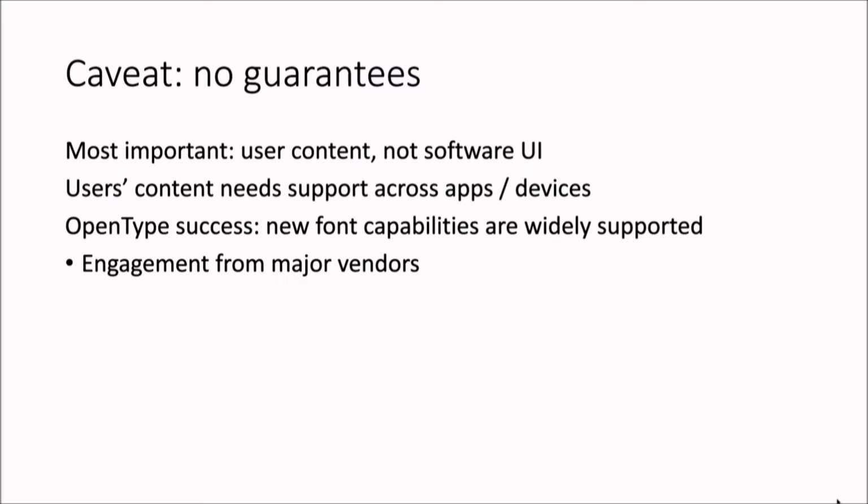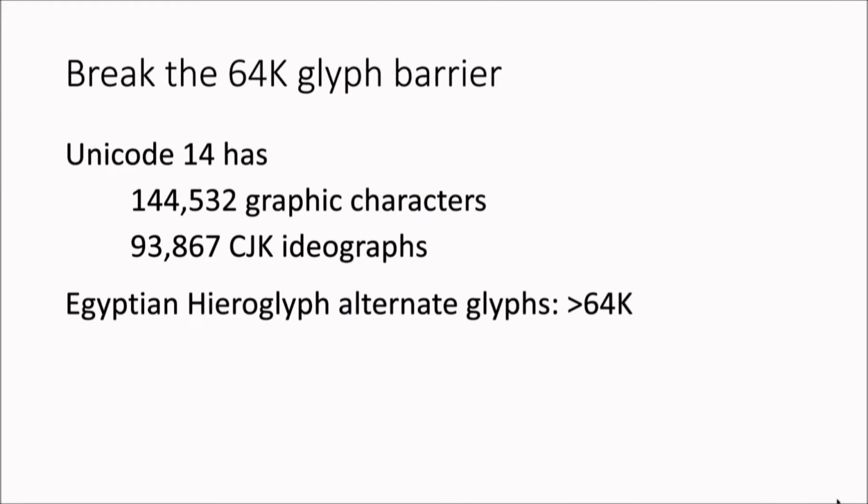In my mind, when I think about good future possibilities for OpenType, it ultimately needs to work everywhere, because what's most important is user documents. And users need to work with their documents in unconstrained environments. And so OpenType success means any new font capabilities are widely supported. That means I need to really be engaging with all the major platform vendors and application developers to get on board with new ideas.